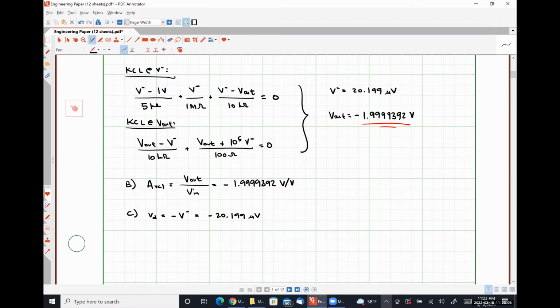So our differential voltage here, which is serving as the input to the op amp portion, is incredibly small, okay? That is because our output is being subtracted from that input voltage that we are applying. This is what we should expect to see with negative feedback, a very, very small differential voltage.